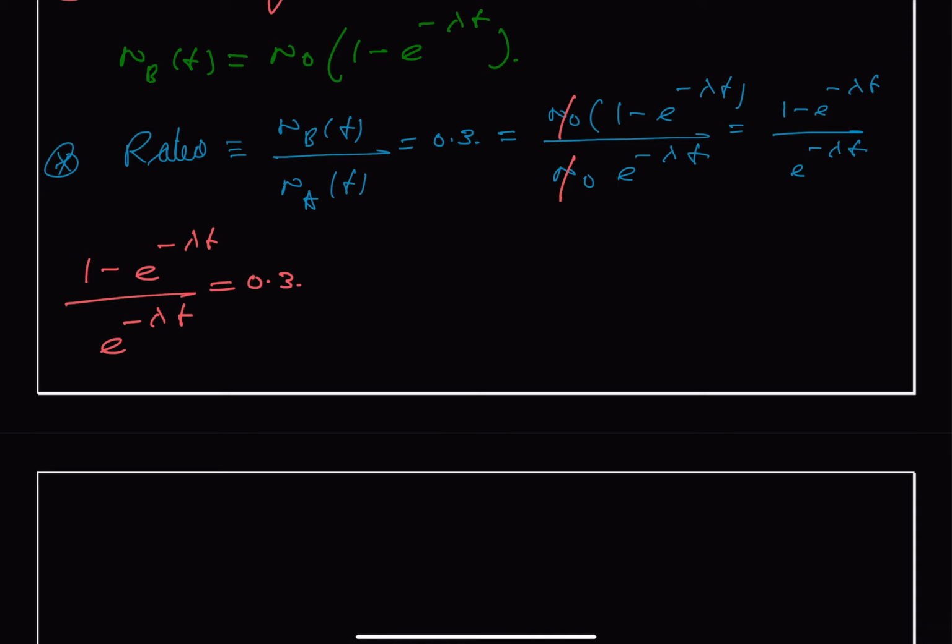So from here, if we cross multiply by e raised to power minus lambda t, this becomes 1 minus e raised to power minus lambda t is equal to 0.3 e raised to power minus lambda t. And this can be further written as, from 1 is equal to e raised to power minus lambda t, we can take it common.